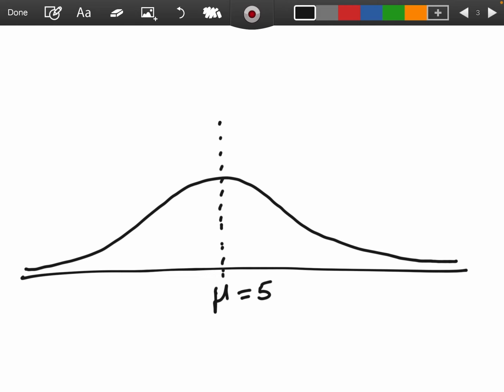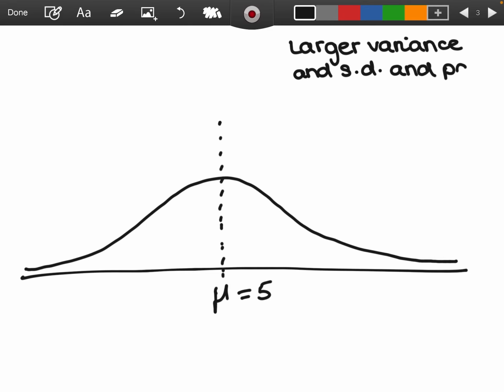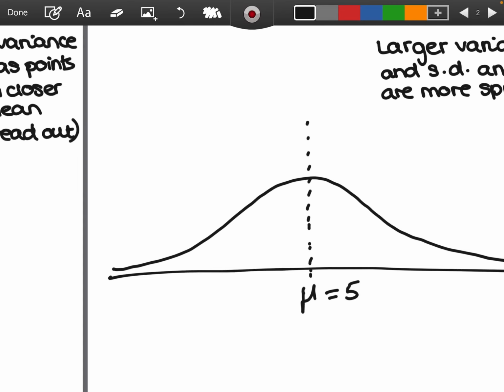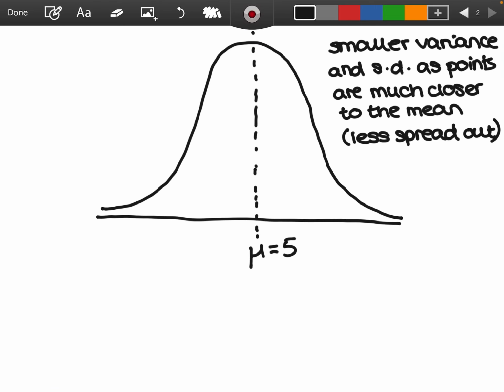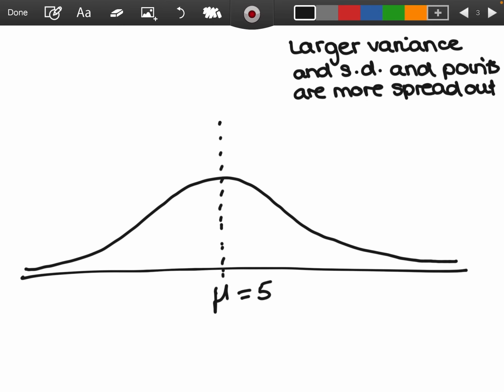For this curve, again, same mean as the last one, but I've got a larger variance and standard deviation, and points are more spread out. So you've got a lot more data points that aren't as close to the mean for this particular curve.